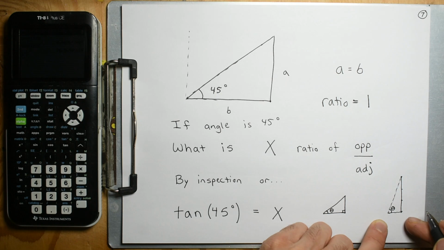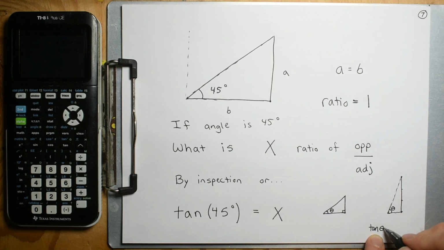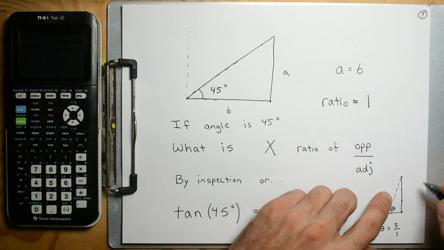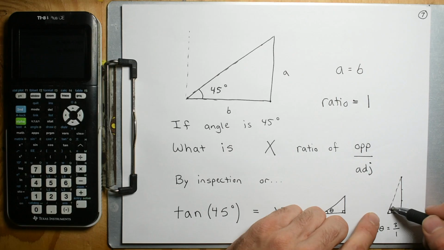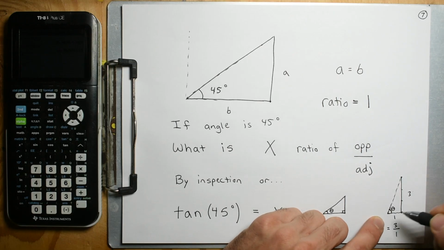Then the tangent of this angle is that ratio of 3 divided by 1. So if I just did the ratio first, I could go measure this triangle. If I know the ratio, 3 to 1, I know the angle.